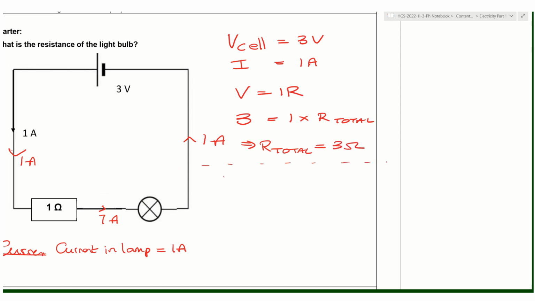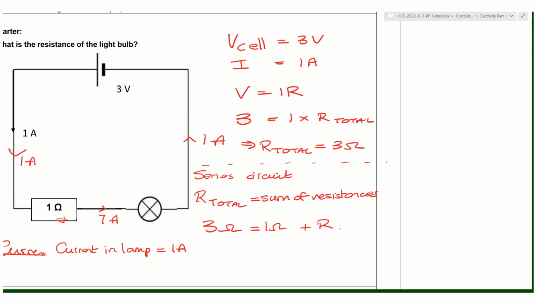In a series circuit, the total resistance is equal to the sum of the resistances, so we add them together. So that means that we have 3 ohms is equal to this 1 ohm resistor plus the resistance of my lamp. Therefore, the resistance of my lamp is going to be equal to 3 minus 1, so that equals 2 ohms.